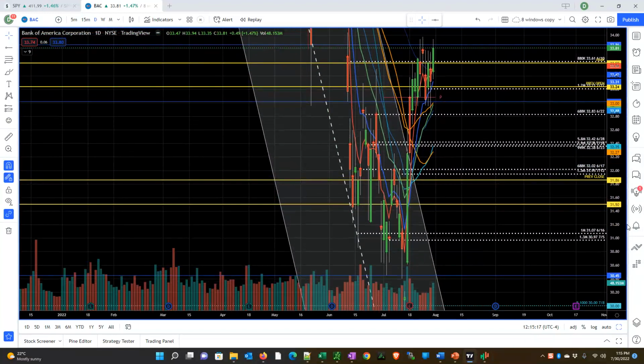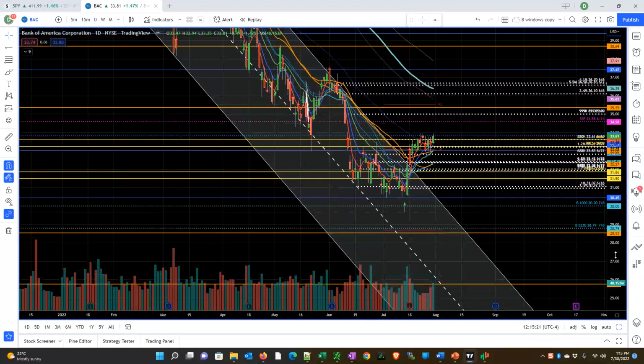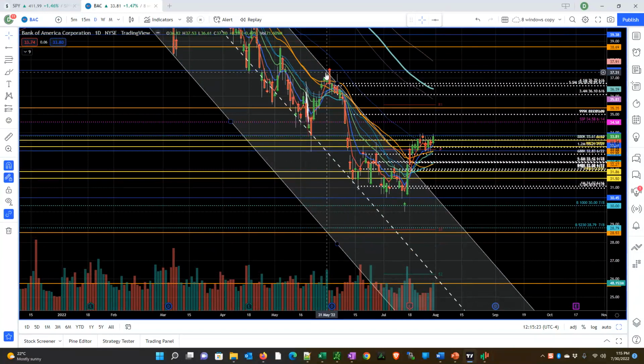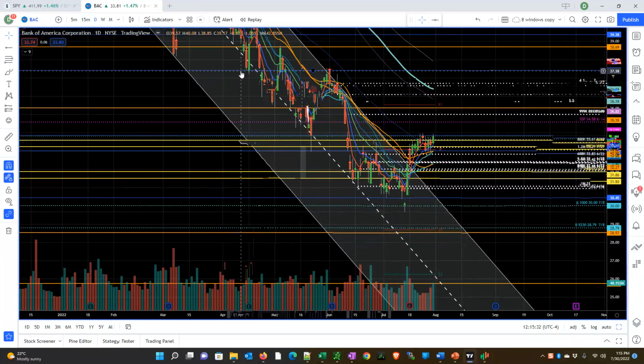But here's an example of prints actually working, right? We're coming back here. This is back in June. And what you wind up doing is find an older print, especially a large one, and put it on your chart and see how it behaves.